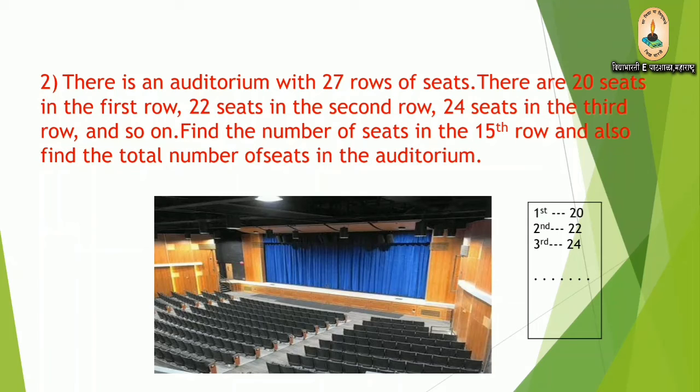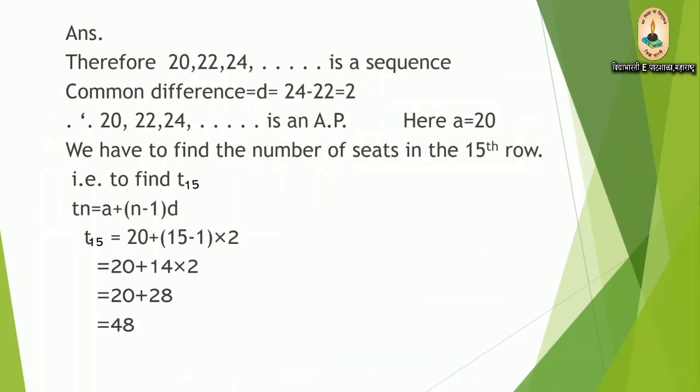Now the answer, you observe the box adjacent to the picture. First row shows 20 seats. There are 22 seats in the second row, 24 seats in the third row, and so on. Therefore, 20, 22, 24 and so on is a sequence.